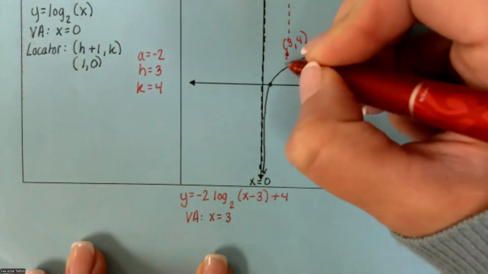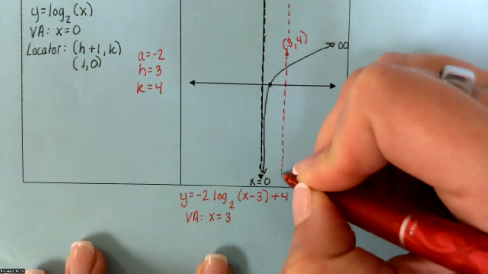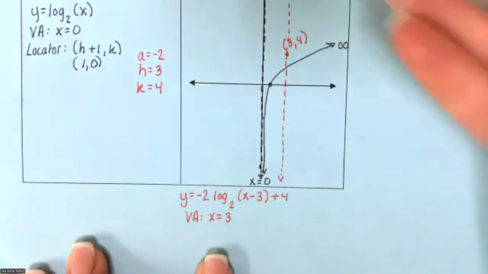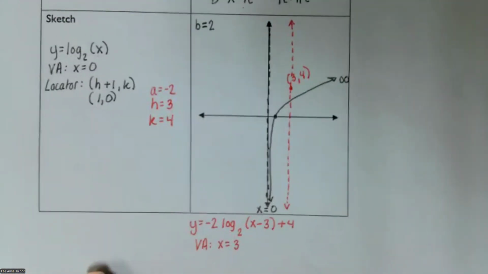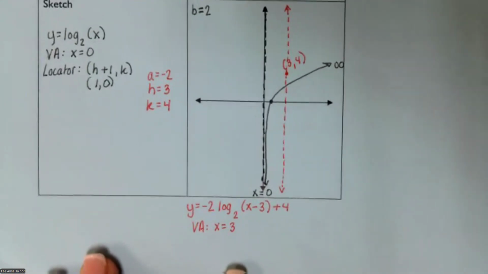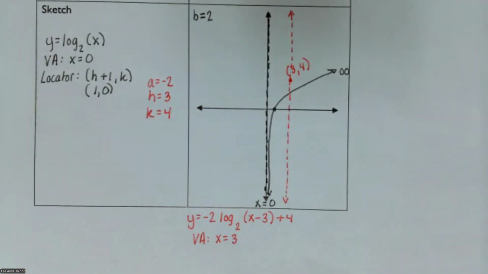And your point that you made for 3, 4 should be on that. Which I'm hoping illustrates why you can't use that as a locator point, because it's not on the curve itself, it's on the asymptote. Do you guys have any questions about that?